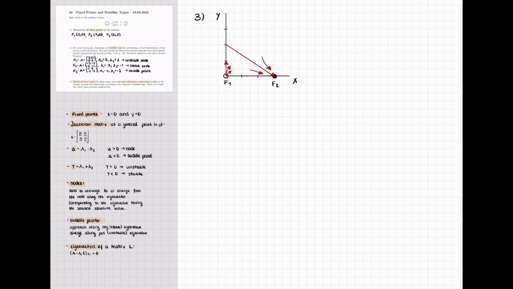The last fixed point was a saddle point, so we draw an open circle in our phase space at (0, 2). Because it is a saddle point, the trajectories will approach along the negative eigenvalue and diverge along the positive eigenvalue. So let's compute the eigendirection for lambda 1, which was 1.